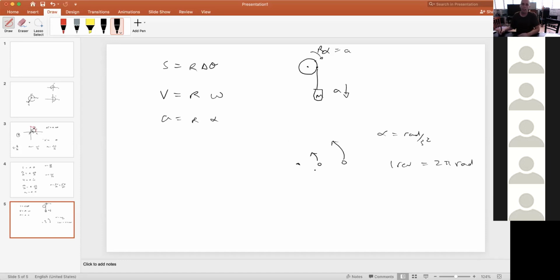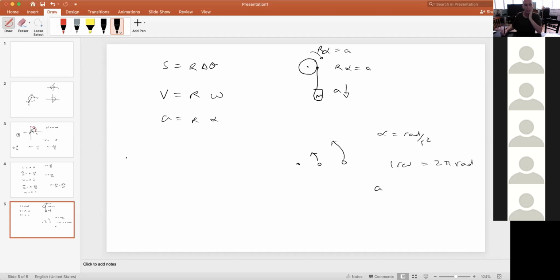So if alpha is the same for both of these, it takes them the same amount of time to go around. This guy would have to have a faster a because it has to travel a greater distance. But what that tells you is that r alpha at the edge is equal to a, and you can then equate this a and this a. And you'll see that when we do the actual problems. But this is really the only thing you need to remember.